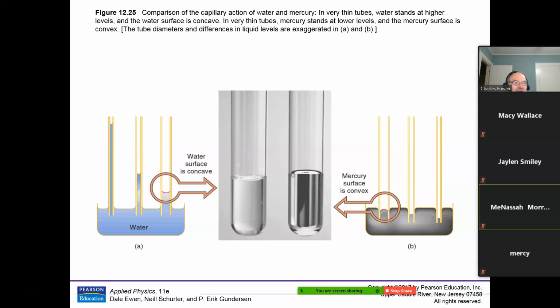Okay, now let's apply that to a human situation. This is a little bizarre, but if you have, say, hardening of the arteries, you've got plaque buildup inside your arteries, the blood has a harder time getting through.